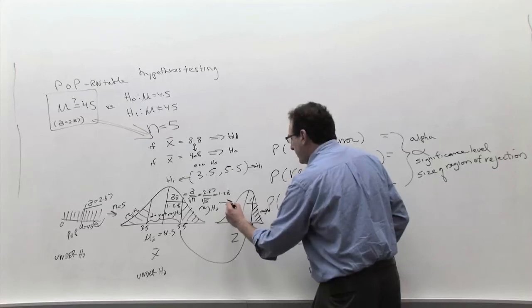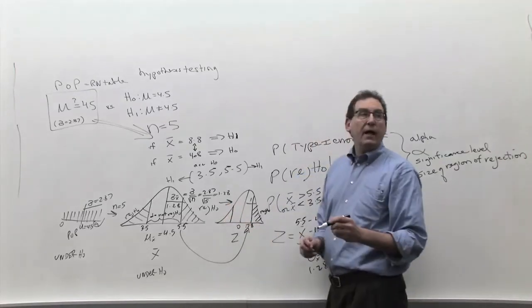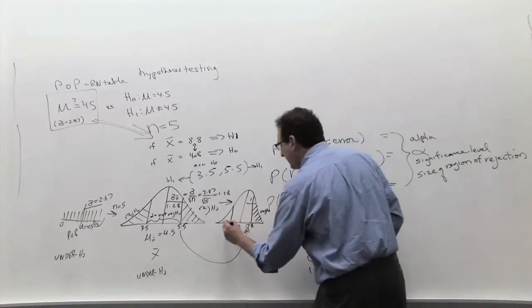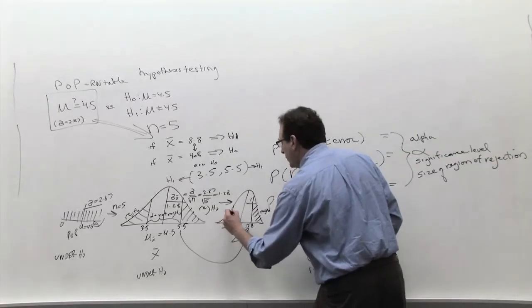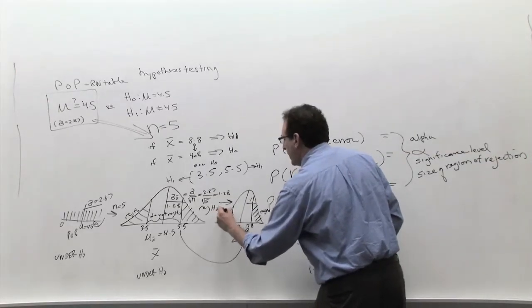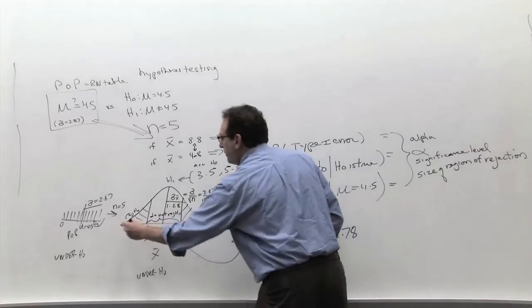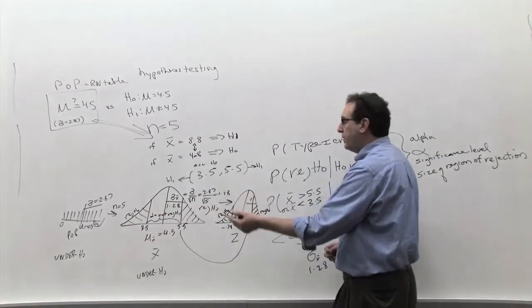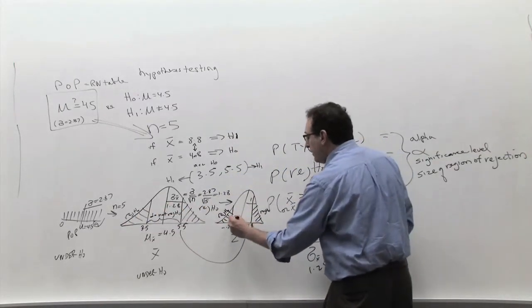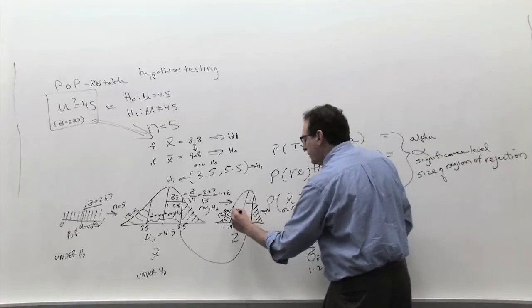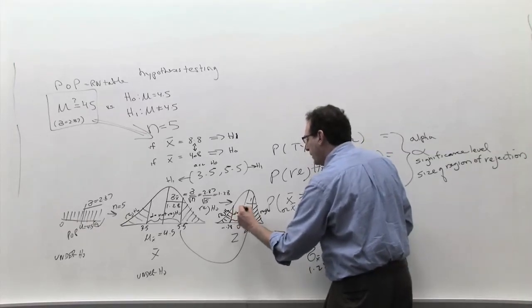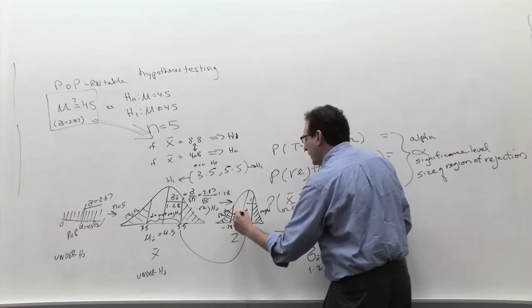If you plug in a 3.5, I can guarantee you're going to get a minus 0.78. So the reject region translates over here, in other words, the area to the left of 3.5 is comparable to the area to the left of minus 0.78. And the middle part will continue to be do not reject A0.